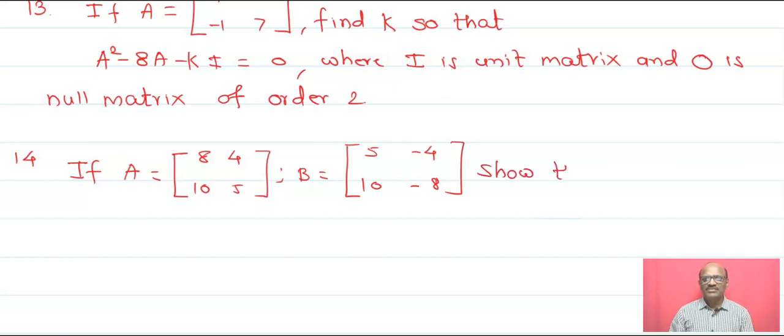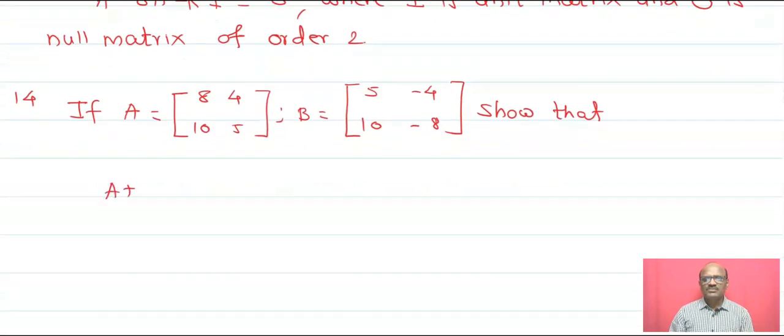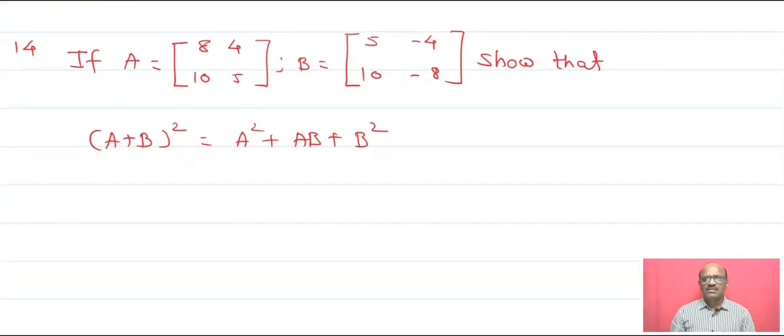Question number 14, A is equal to a matrix and B is equal to a matrix, and then (A plus B) square is equal to A square plus AB plus B square. Now first of all, we will consider the LHS.